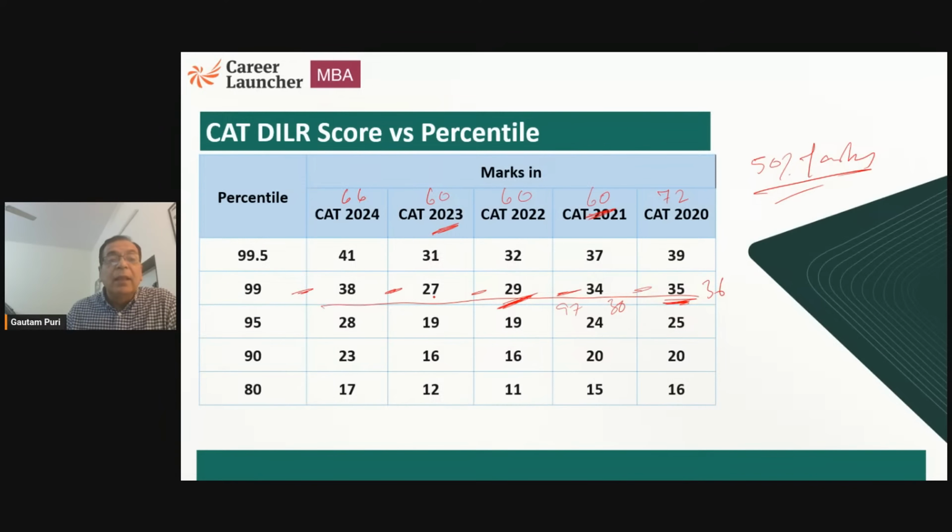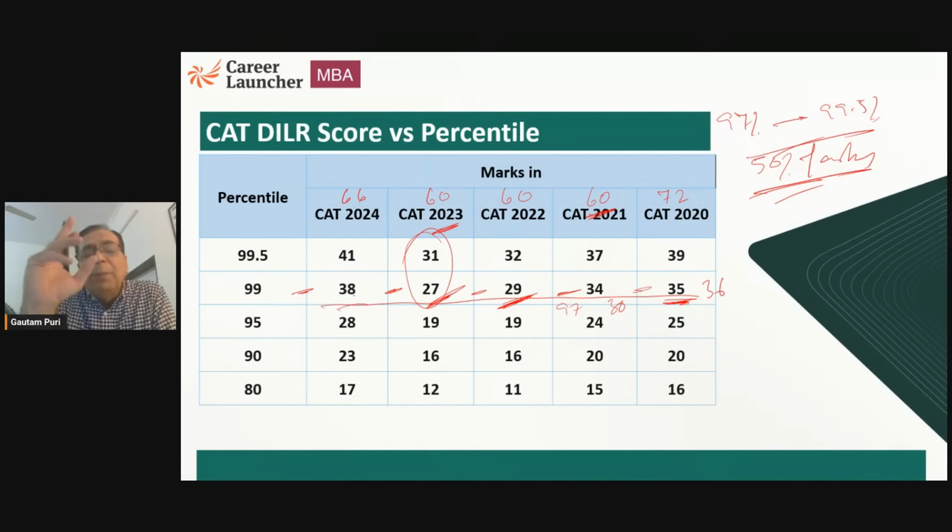In CAT 23, 30 marks would have been almost 99.5 percentile. And last year, which is CAT 24, 30 marks would have been something like a 97 percentile. So if you are able to get 57% marks, by and large, you will end up anywhere between 97 percentile to 99.5 percentile. Now, what this means is you need to choose the right sets to attempt.